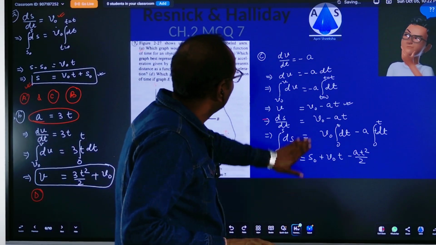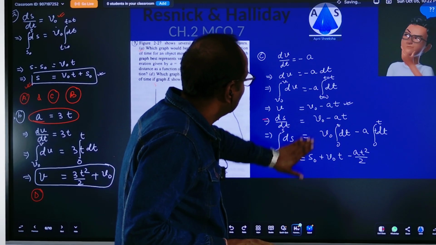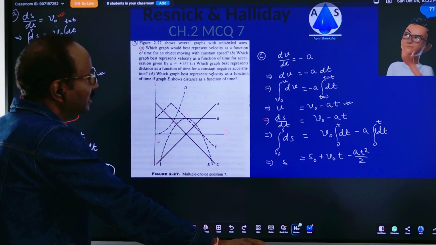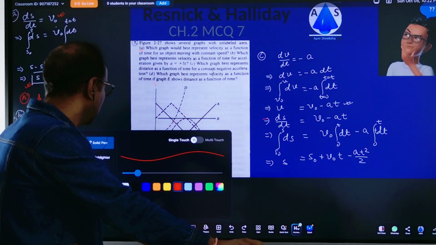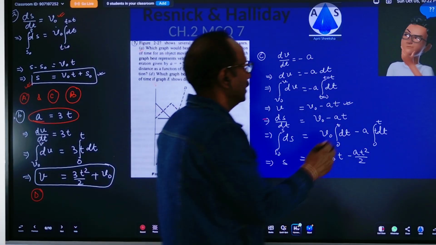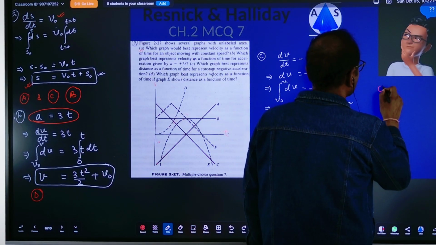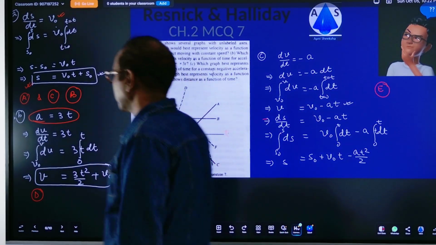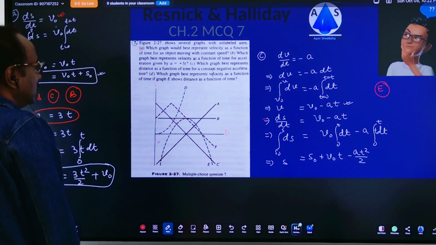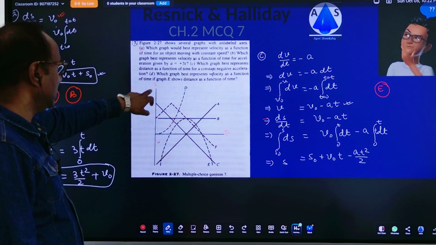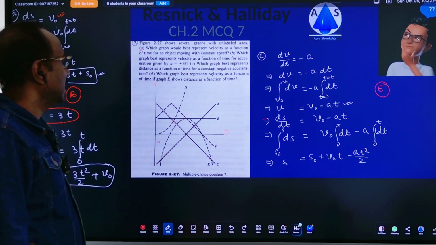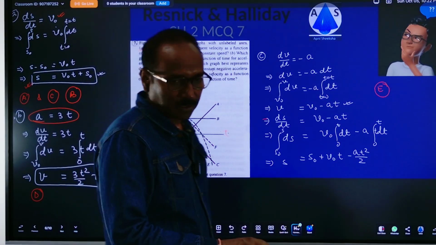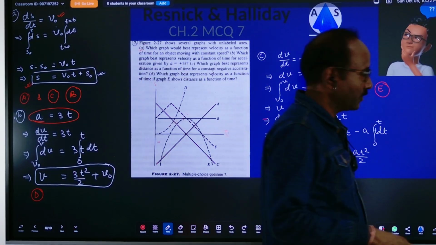So these two equations satisfy this part. So for C, E will be your answer, when the graph is representing S as the y-axis and T as the x-axis.